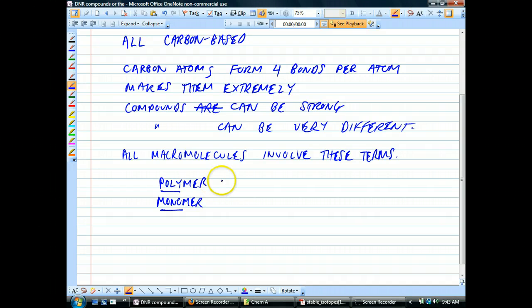So basically, a polymer is a chain of smaller molecules all put together to make one big molecule. A chain of smaller molecules all put together into a string, like say a string of pearls or something like that. This would be an example.